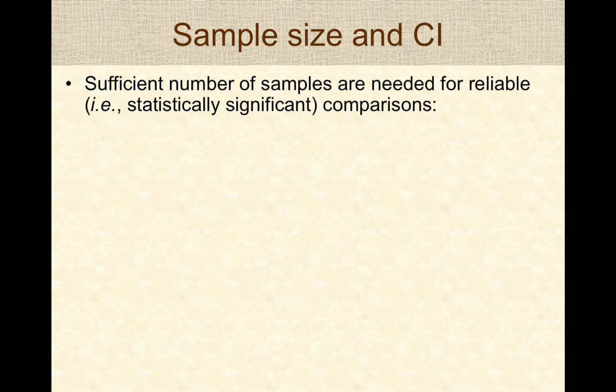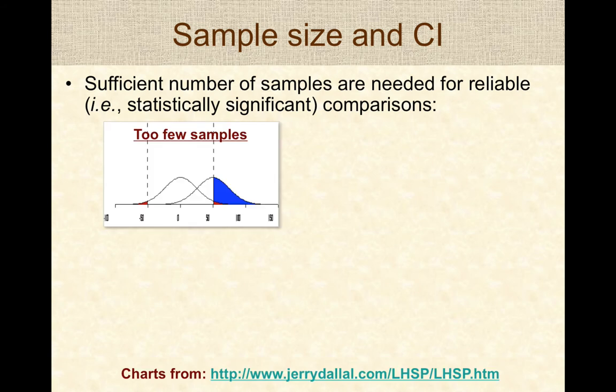The key thing to keep in mind when computing confidence intervals is that a sufficient number of samples need to be recorded so that the comparisons and analysis are statistically significant. For example, if too few samples are measured, then there's a significant overlap between the confidence intervals or the measurements of the two programs or two versions of the program.